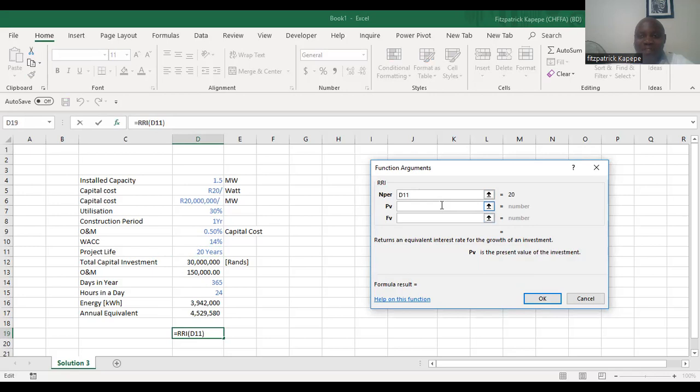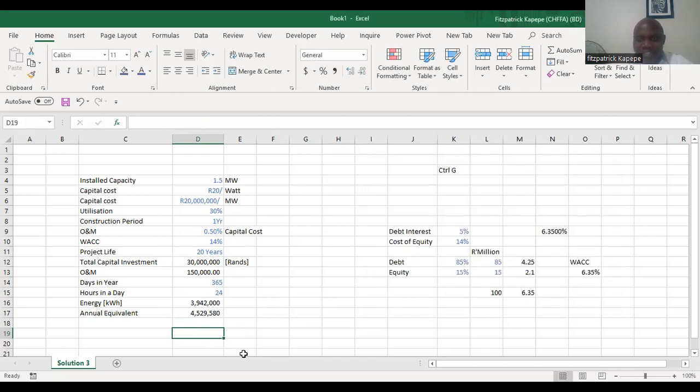The present value now is 30 million. The future value, if we bring this and do this times 20, gives me 5.6, sorry. Okay. Let me do it in a different way.